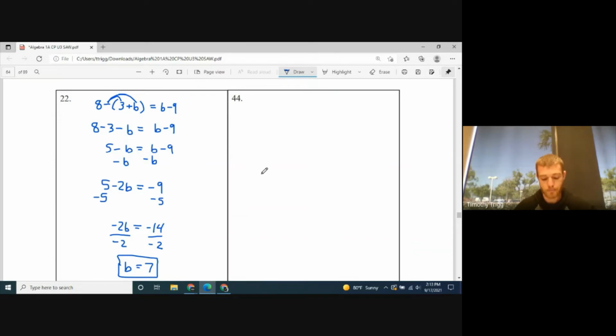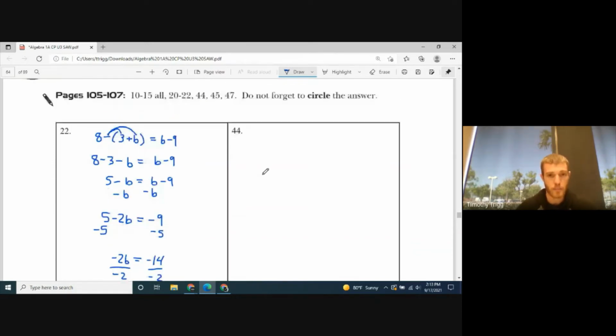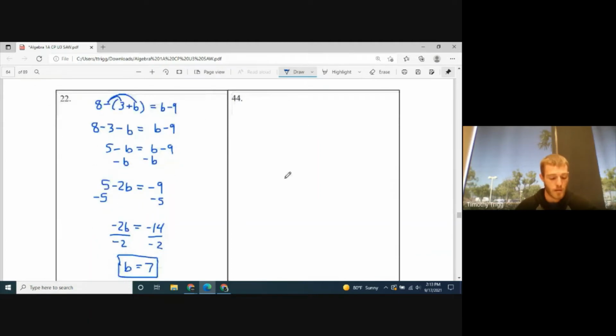Question 44. So now we've got some word problems here, 44, 45, and 47. 44, skiing. A skier is trying to decide whether or not to buy a season ski pass. A daily pass costs $67. The season ski pass costs $350.